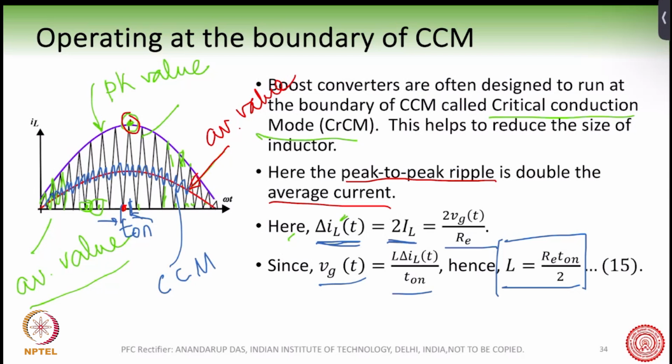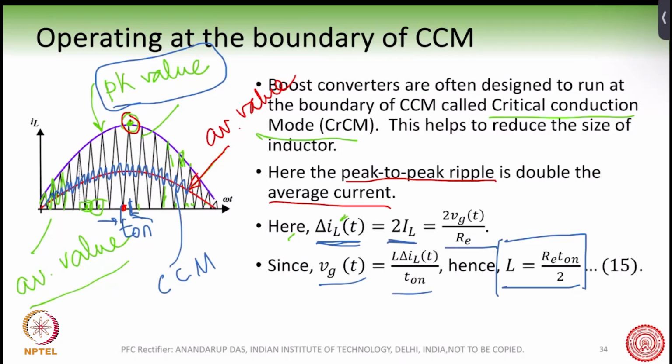When the current goes double, of course, you can say that yes, I have reduced the size of the inductor, but remember, this increased value is the peak value of the current which is flowing not only through the inductor, it is going to flow through the switches and through the diodes, right? Everywhere, this instantaneous peak value of the current must be flowing. So the inductor should not saturate at that peak value of the current. Not only in the inductor, but also we have to take care of the switch rating, the losses in the switch, losses in the diode, and all other wires and these things.